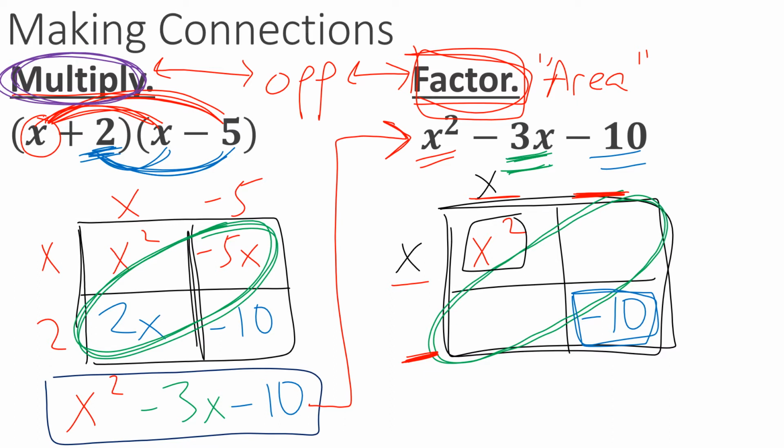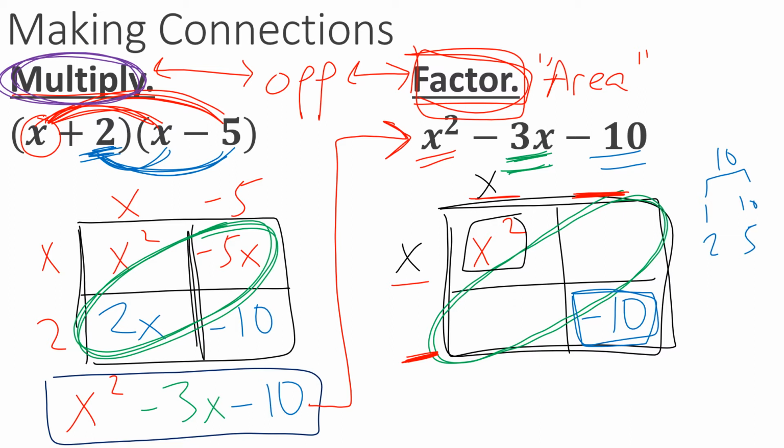If I'm not sure, I can start by thinking about what kind of things multiply together to get 10. Well, 1 and 10, 2 and 5. If it has to be negative, then one of them has to be negative.